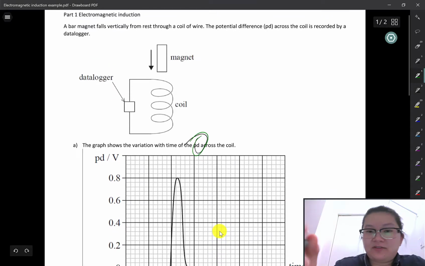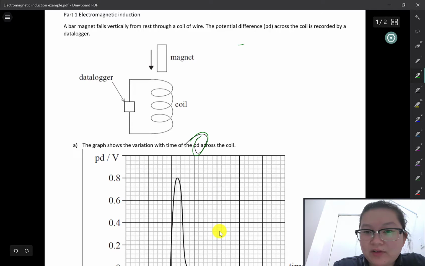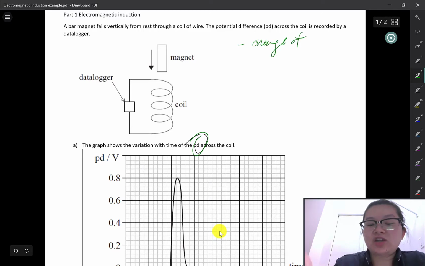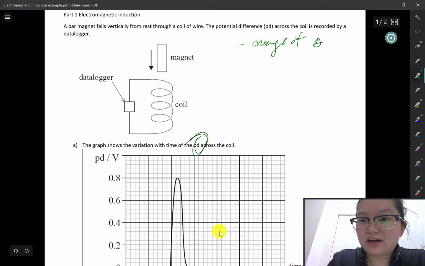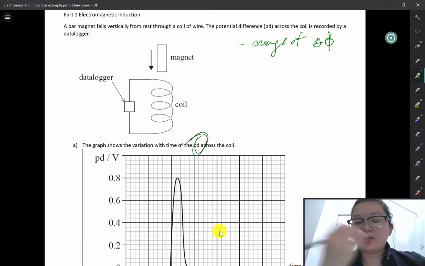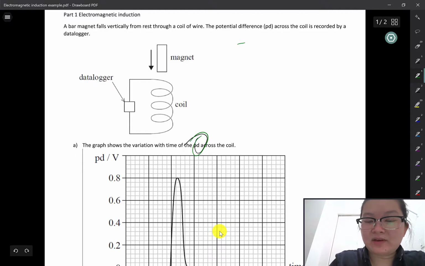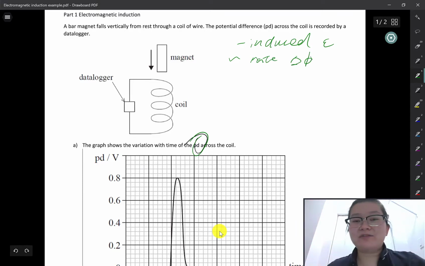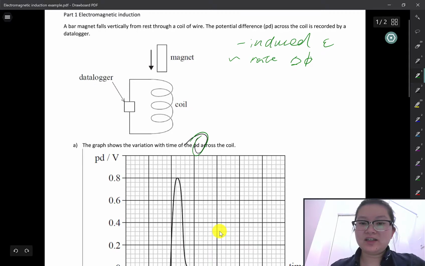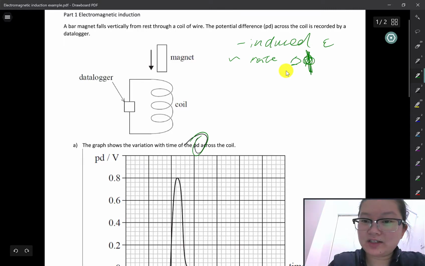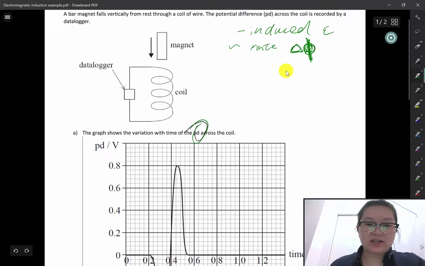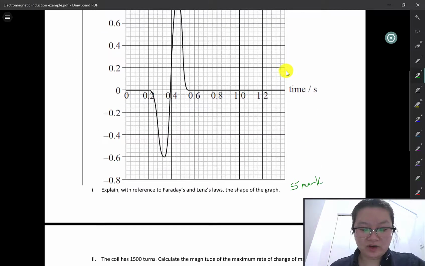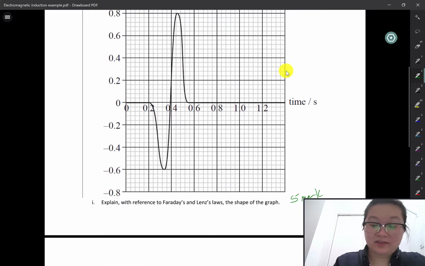You have to talk about a change of magnetic flux linkage, or it's better to say that the induced EMF is directly proportional to the rate of change of magnetic flux linkage. So that's dΦ over dt here. That's probably going to give you the first mark, because it's a 5-mark question.